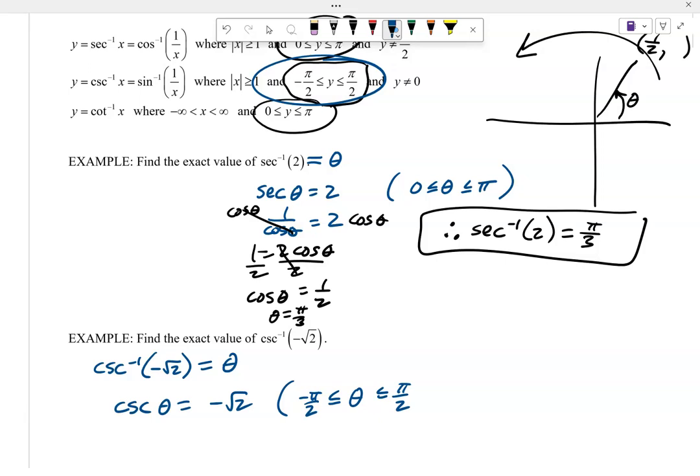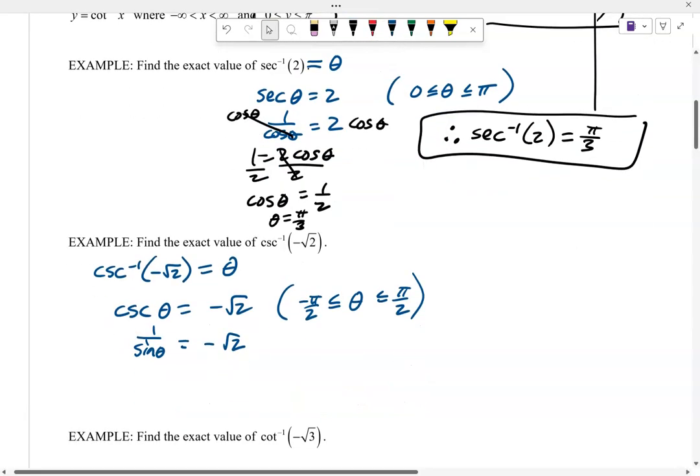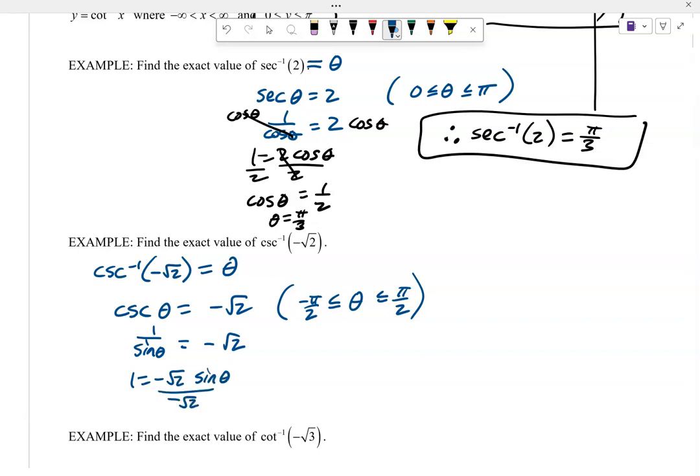And so now I say, well, that's 1 over sine is negative root 2. I'm going to multiply both sides by sine, so I have 1 equals negative root 2 sine of theta. I divide both sides by negative root 2 now.